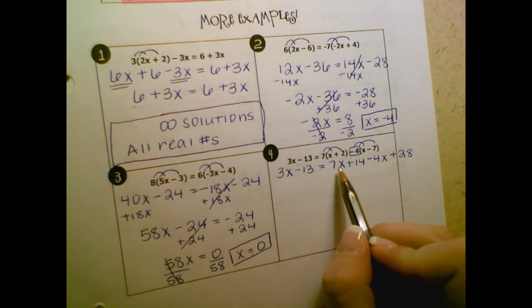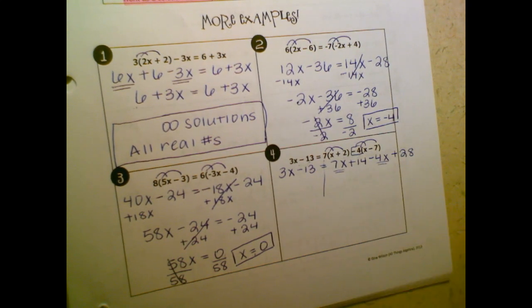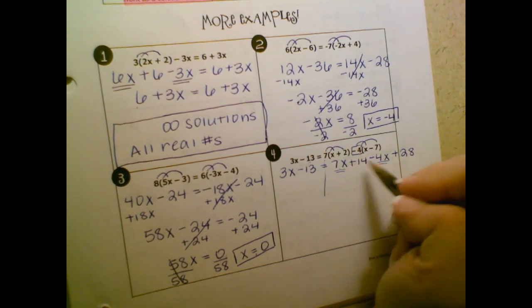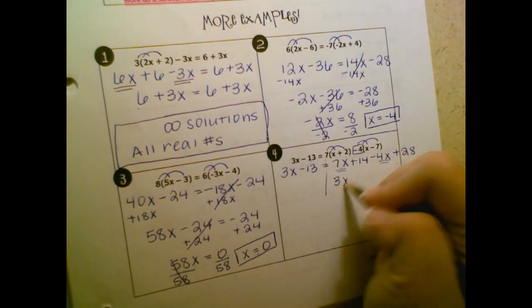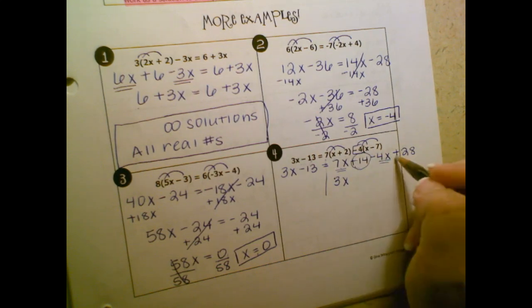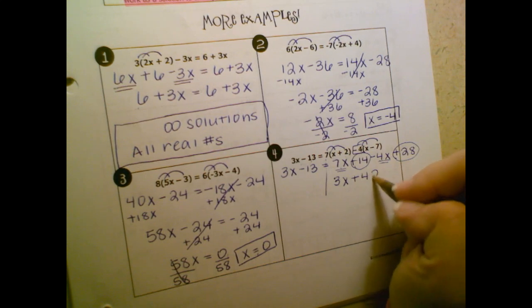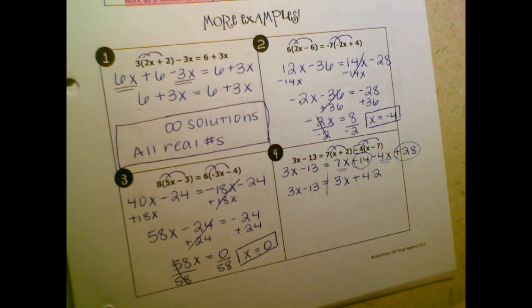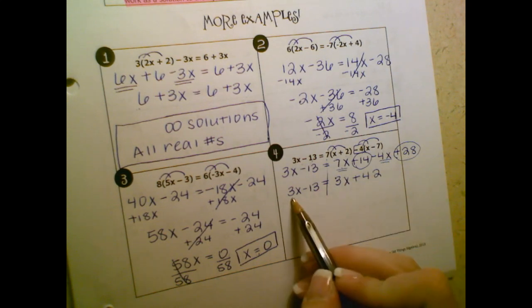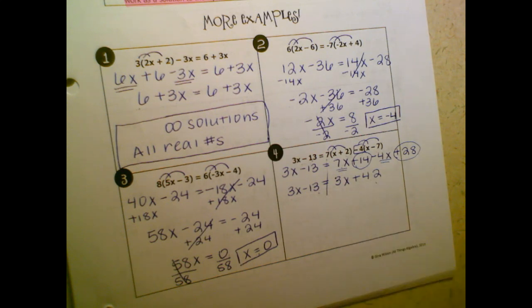Nothing I can do on the left-hand side, so I'm just going to look at the right-hand side. I can combine like terms. I have 7 plus a negative 4 gives me a 3x. I have a 14 plus a 28. That gives me 42. Again, we're going to go ahead and solve because if I look, the left-hand side and the right-hand side do not match up, so I need to continue to solve.